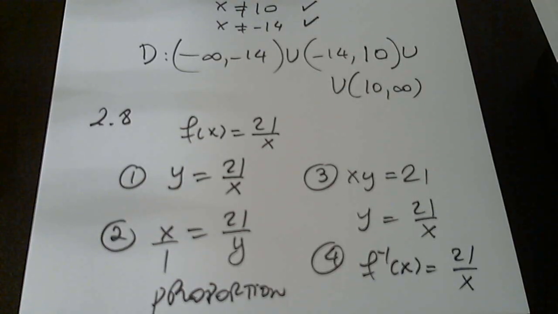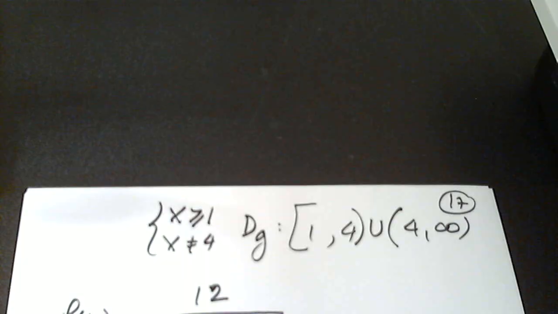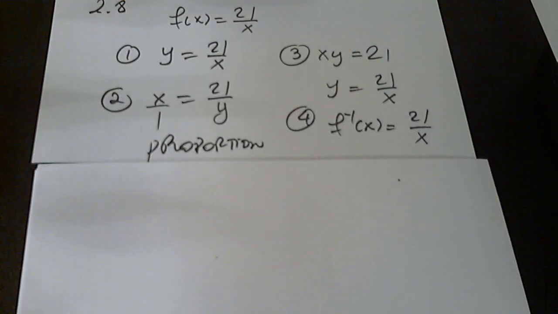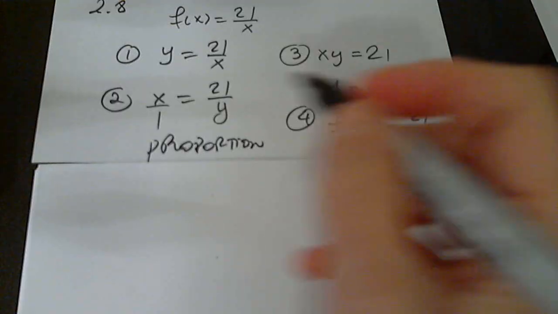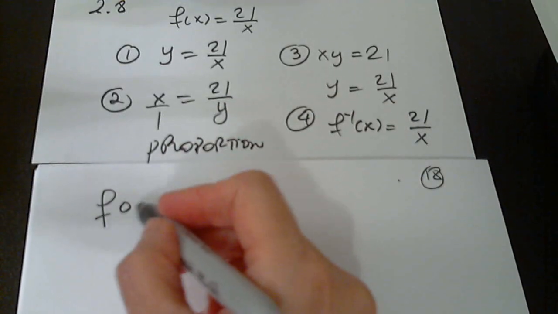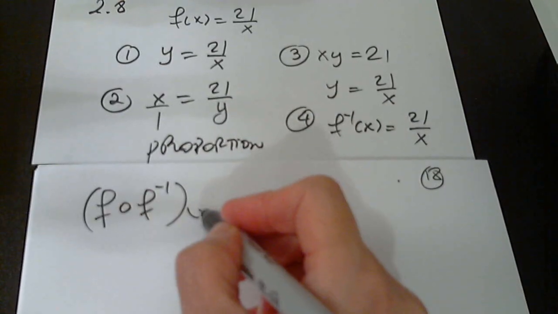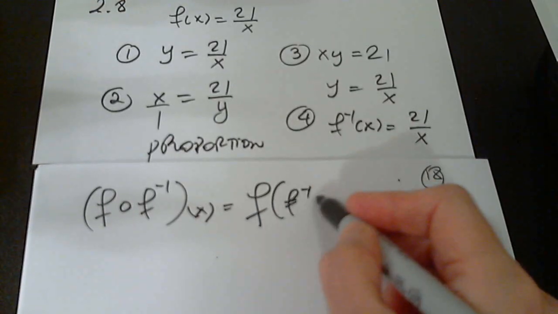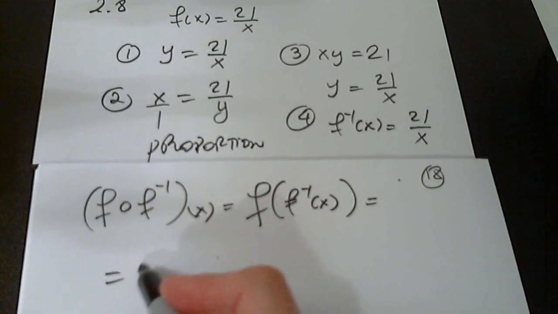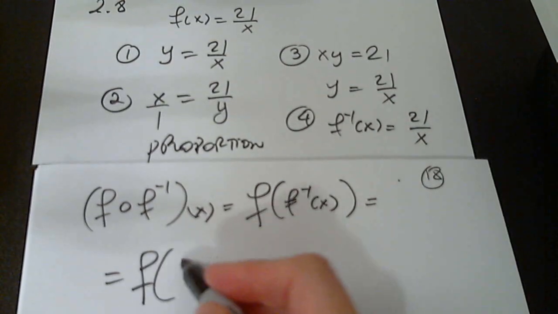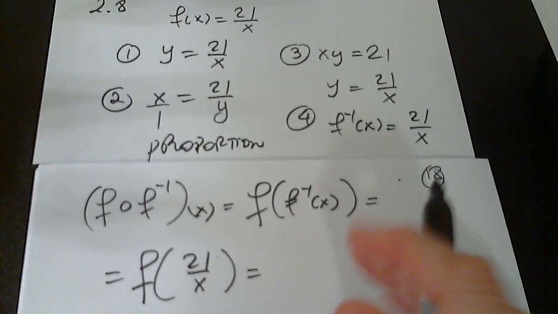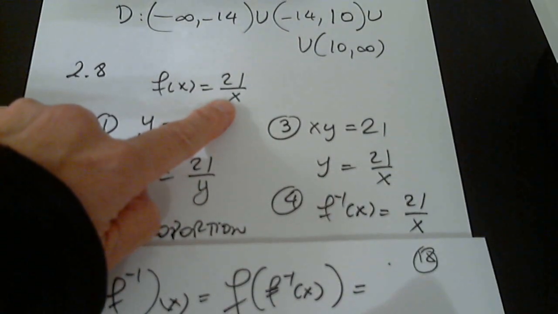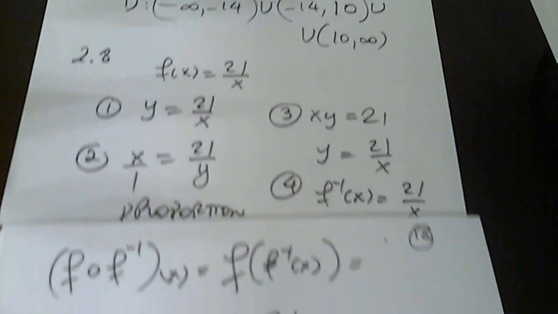So how do I verify that in writing? Very simple, because it's a very nice function. Not all functions are like that. So f inverse of x is f of f inverse, which is f of 21 over x, which is 21 over 21 over x.